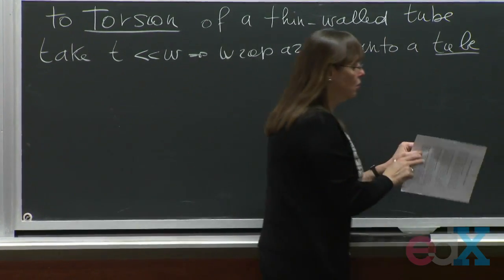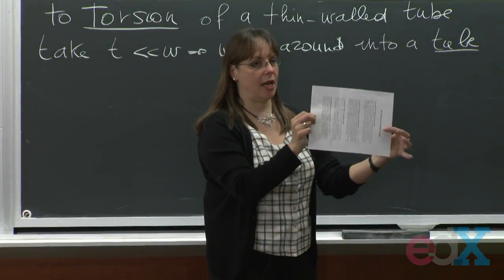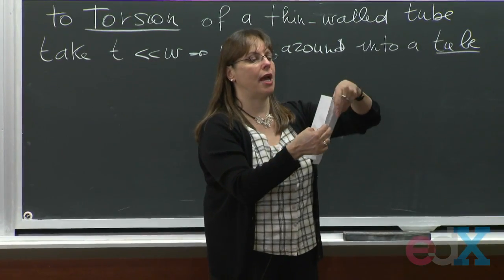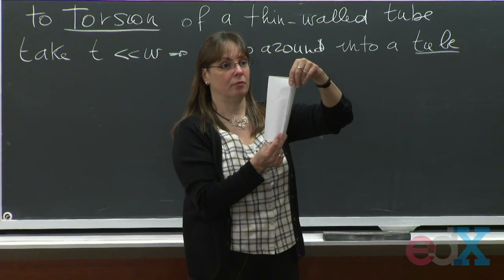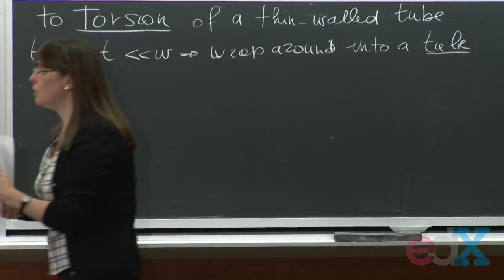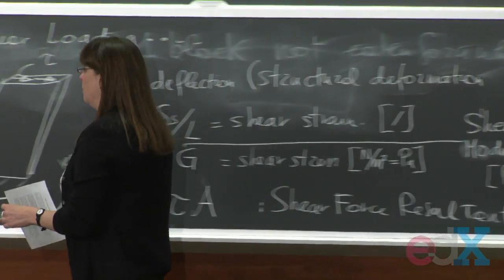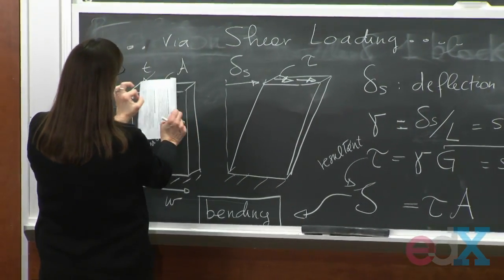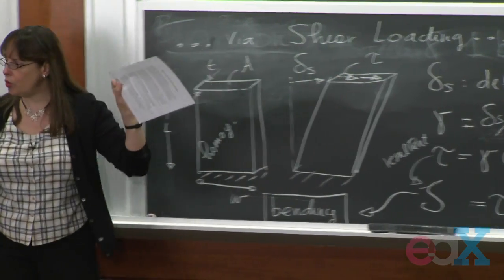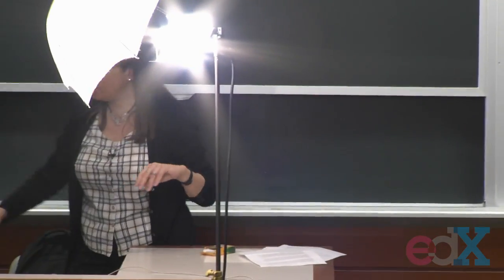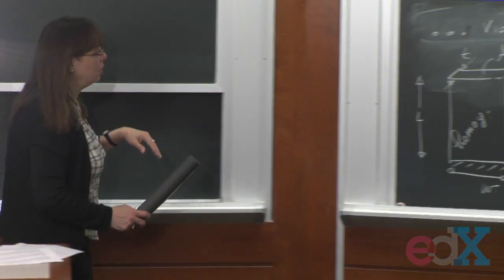And so now I take this thing and I wrap it around like that. See? I made a tube. It is the same kind of guy as this one, and I wrap it.